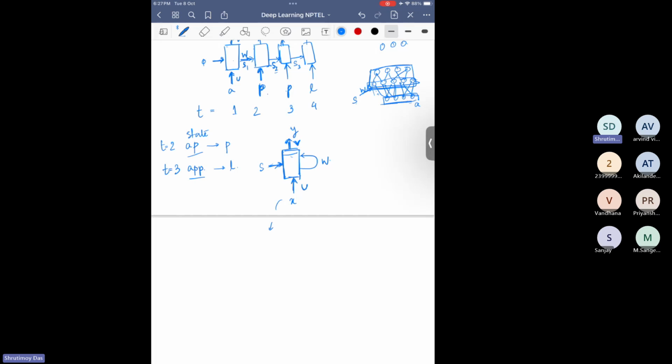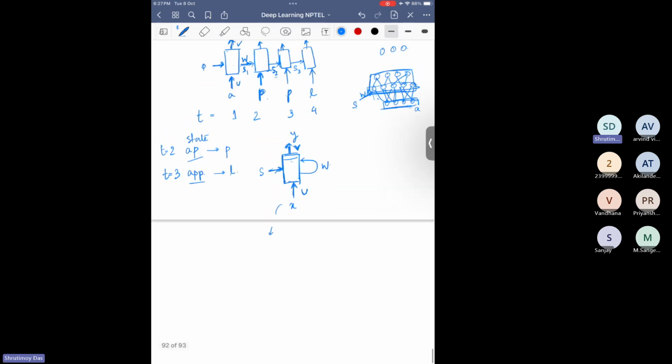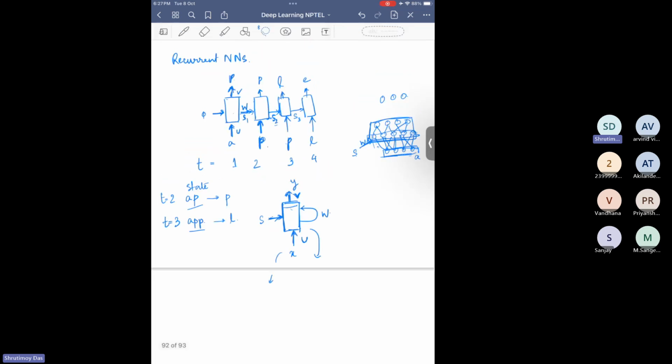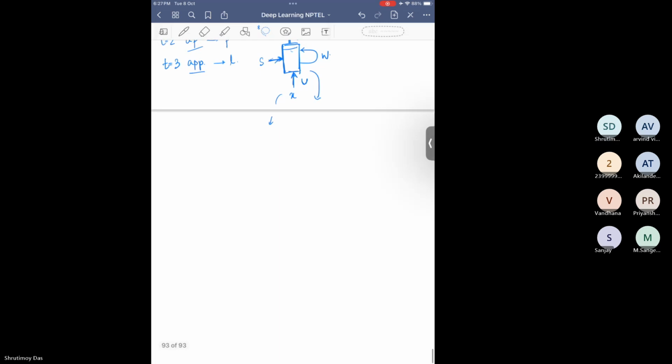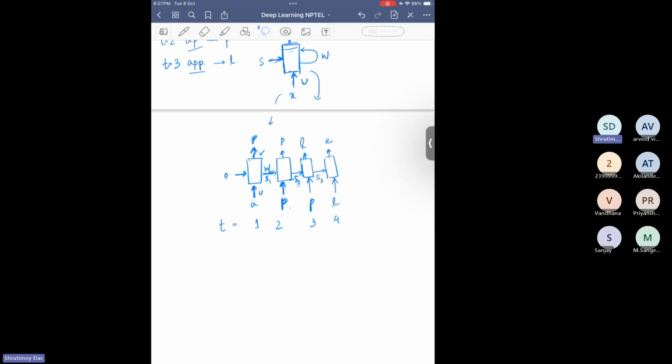But the basic idea is, if I open this up, it will look something like this, which we have here. These are the 4 time steps, but you are using a recurrent neural network here.